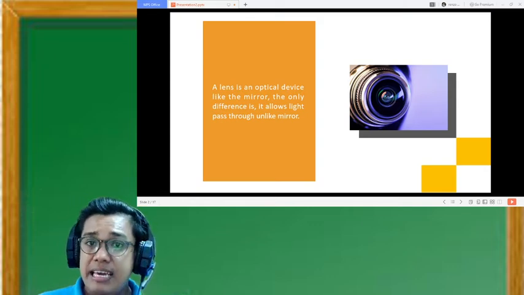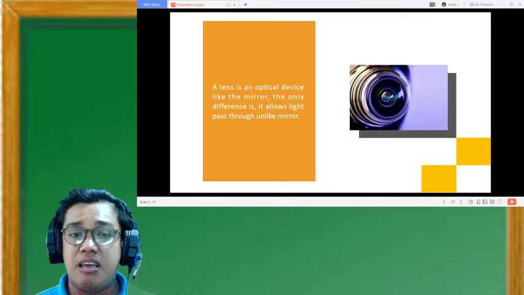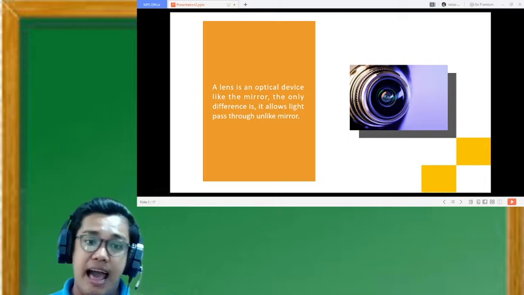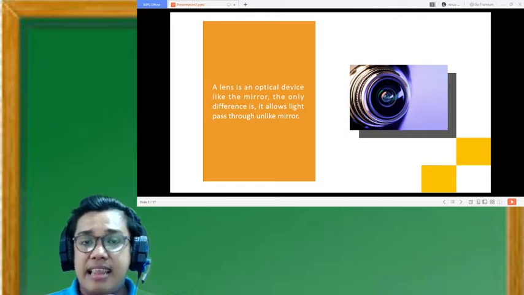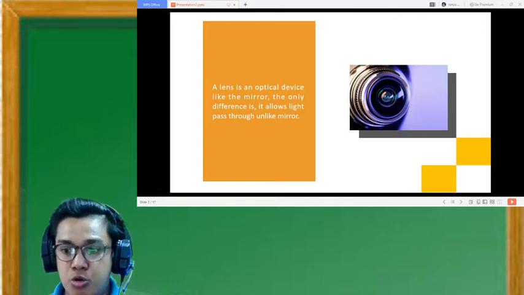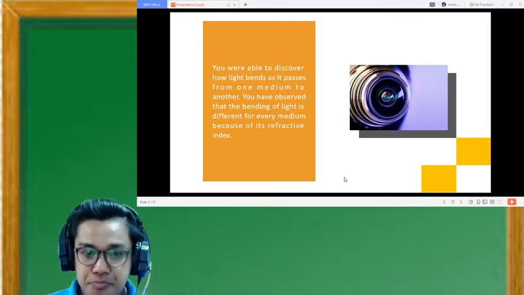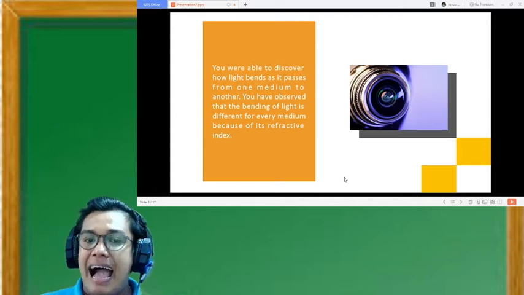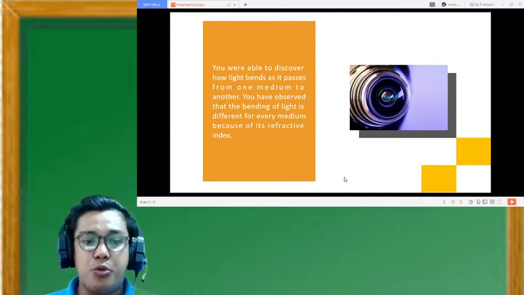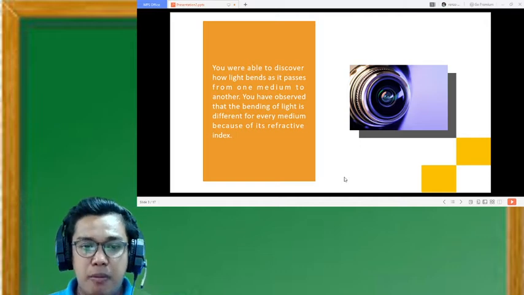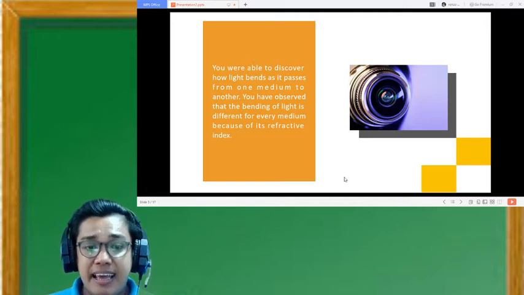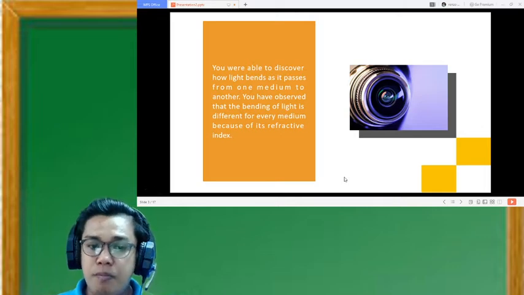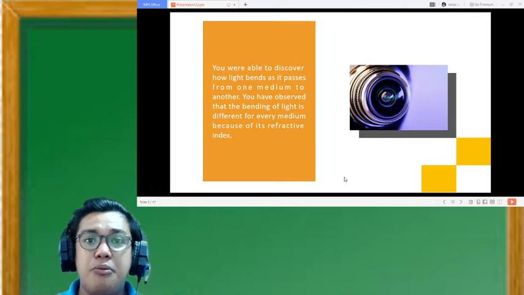Unlike mirror, hindi siya dumadiretso kasi meron siyang cover sa likod na siya ang naghaharang para ang light ay mag-pass through doon. Okay? You will be able to discover how light bends as it passes from one medium to another medium. You have observed that the bending of light is different in every medium because of its refractive index.